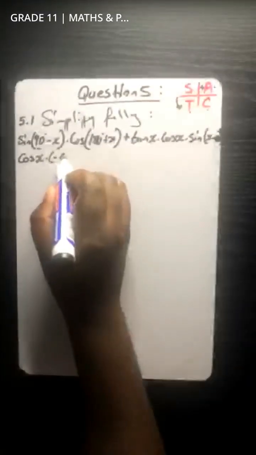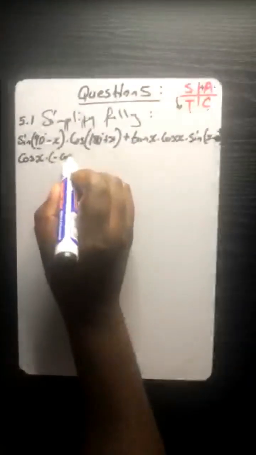So that means we are now going to have cos of an angle, which in this case is represented by the letter x. Then, cos of 180 plus, in which quadrant? 180 plus takes you to the third quadrant, and in this quadrant cos is negative. So that is why inside the brackets we have negative cos of an angle.